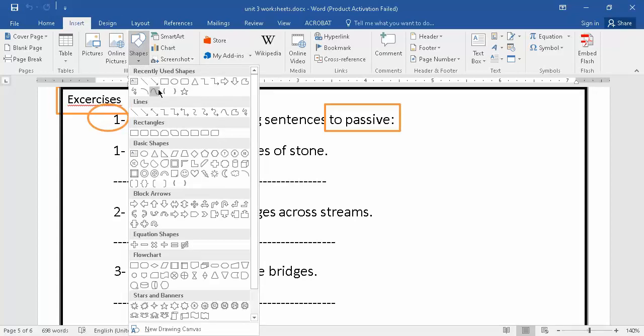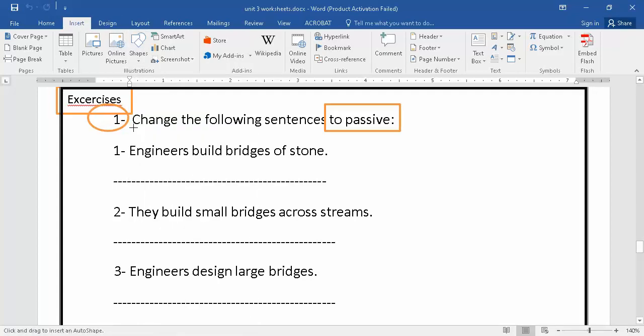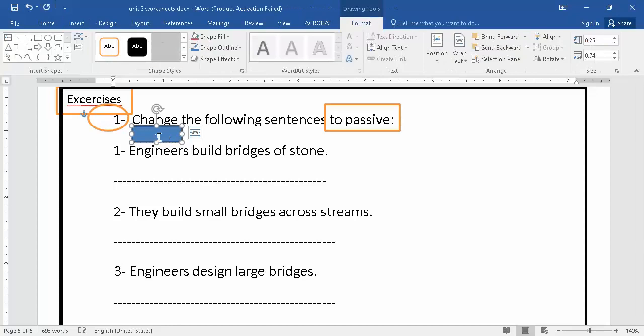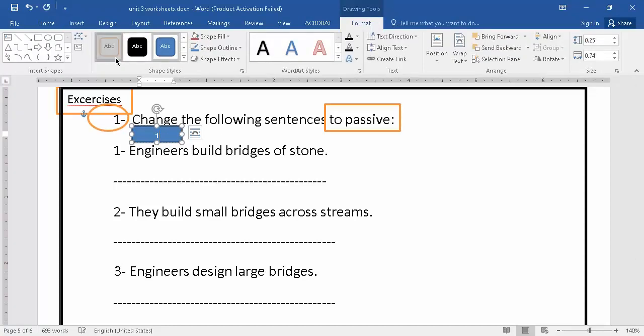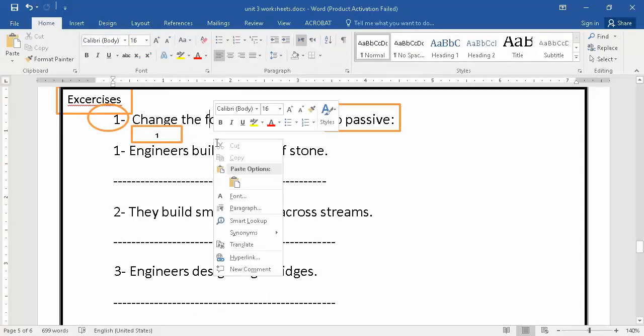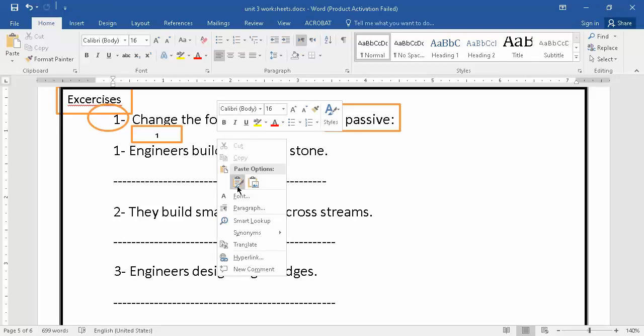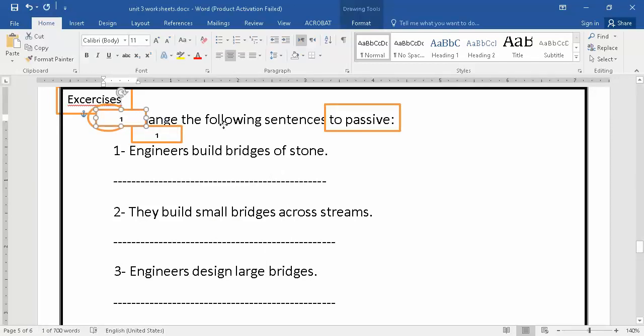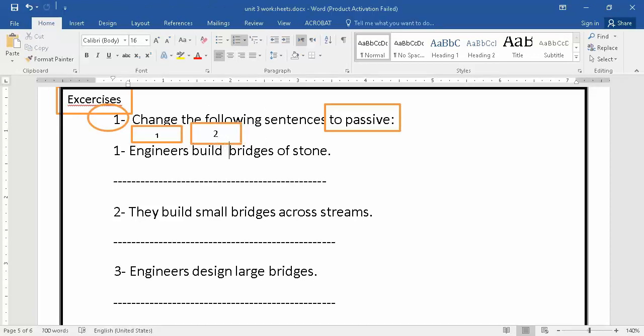Let's put the numbers here. Engineers is 1, build is 2, bridges is 3.